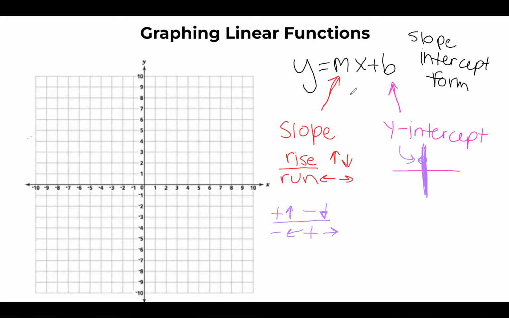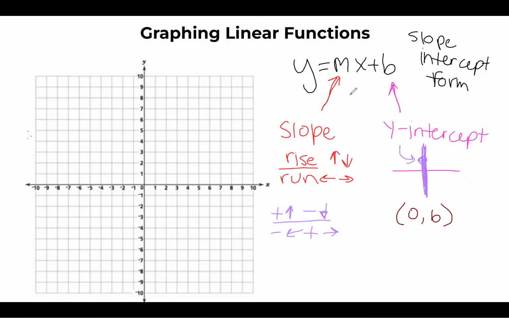You can also see your y-intercept written as a coordinate pair or as a point. Again, check out that video if you need that recap on points themselves. But your y-intercept is going to be (0, b). So whatever that number is for b, that is your y-intercept, where you will put the point on the y-axis.